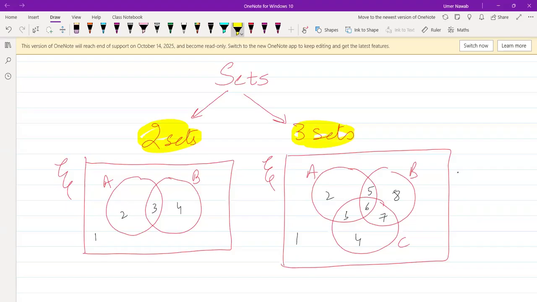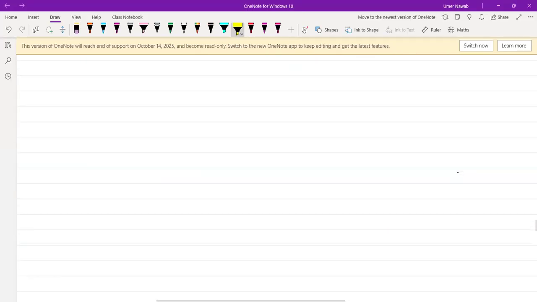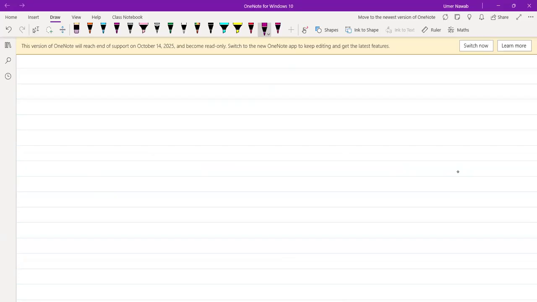Before I go to explain shading, why don't we just revise quickly what is A dash.